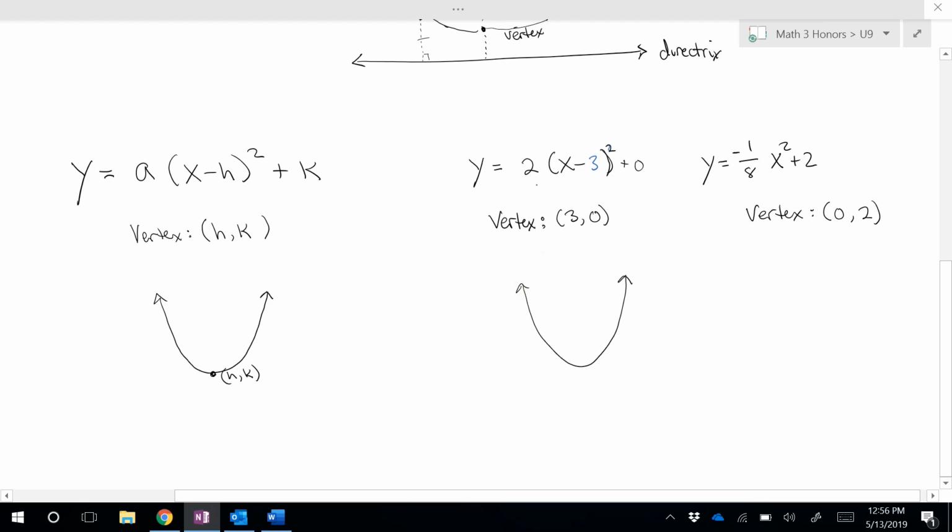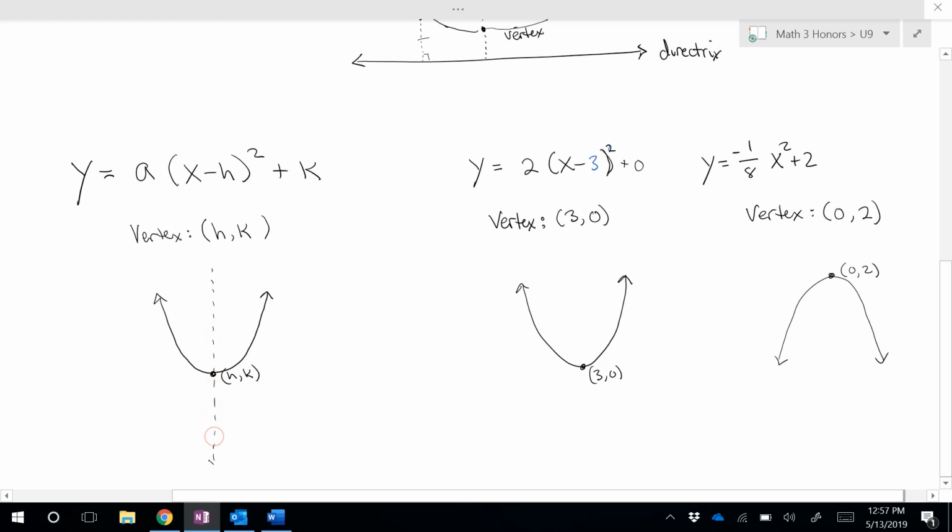That's your positive 2. Good. Our vertex is at 3, 0. And here, this is going to open down with a vertex at 0, 2. I'm not going to draw the x and y axis right now. What do we call the line that cuts right down the middle?